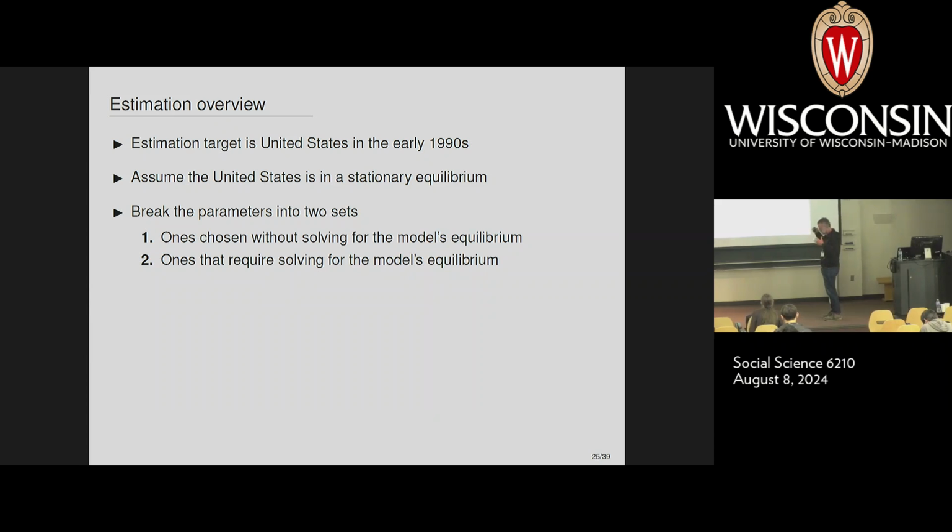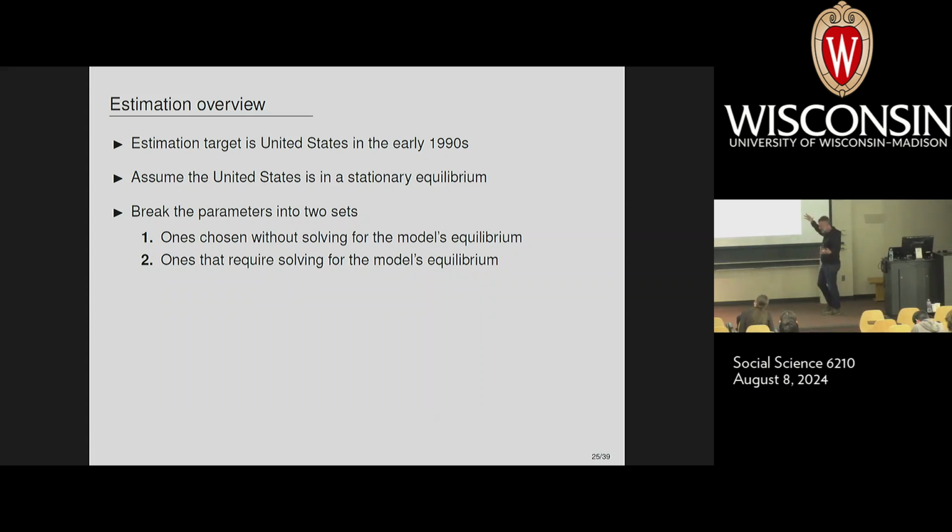So the strategy here is I'm going to think about the country as being the United States and then a symmetric rest of the world. And think about this being the United States in the early 1990s, before the big trade liberalizations of NAFTA, China joining the WTO, things like that. And I'm going to assume the United States is in a stationary equilibrium in the early 1990s. That's an assumption. It's probably not true, but that's how we're going to start the model.